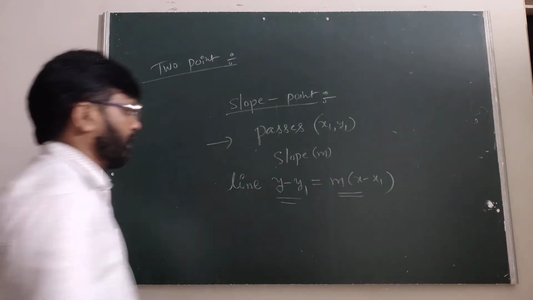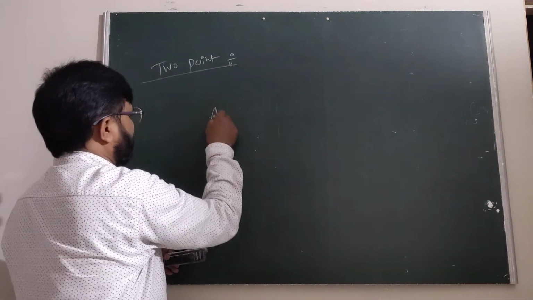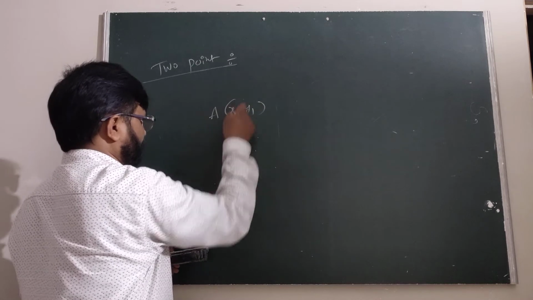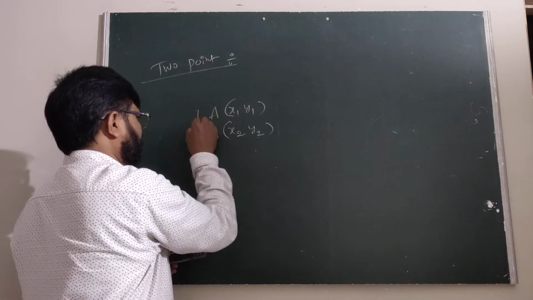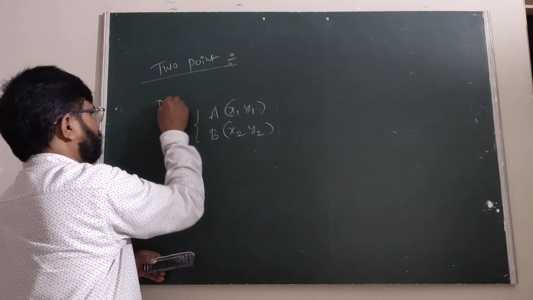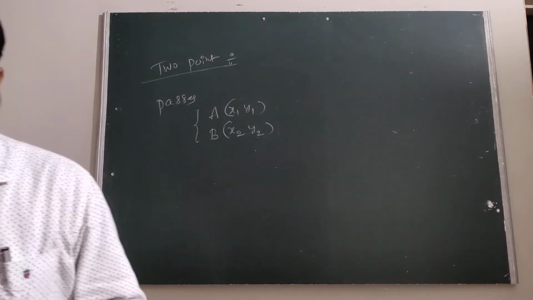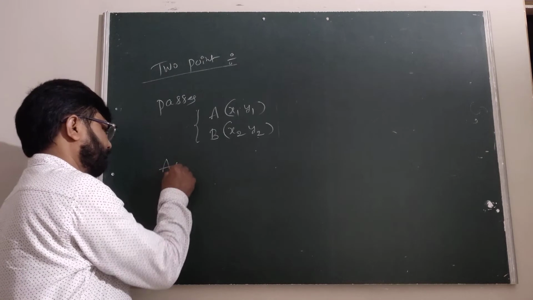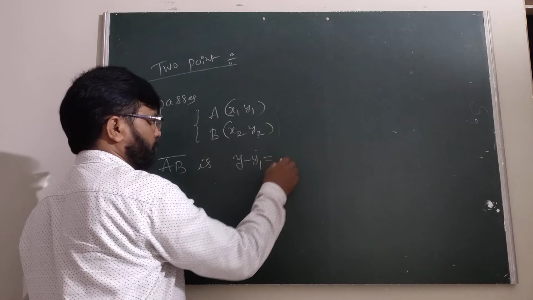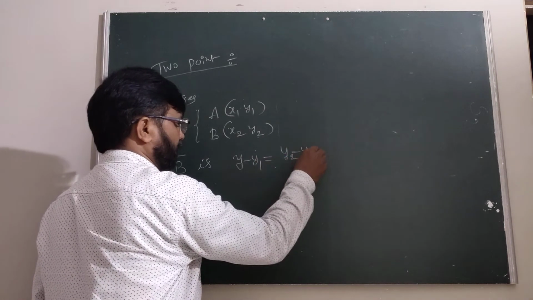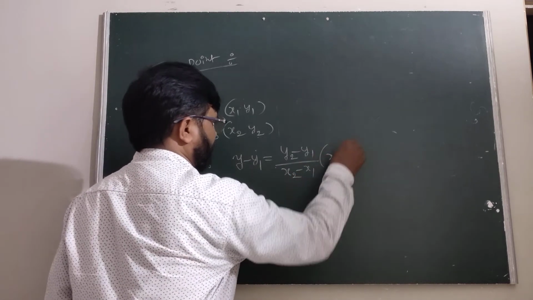The equation of the line passing through the points A (x1, y1) and B (x2, y2) is y minus y1 equals (y2 minus y1) upon (x2 minus x1) into (x minus x1).